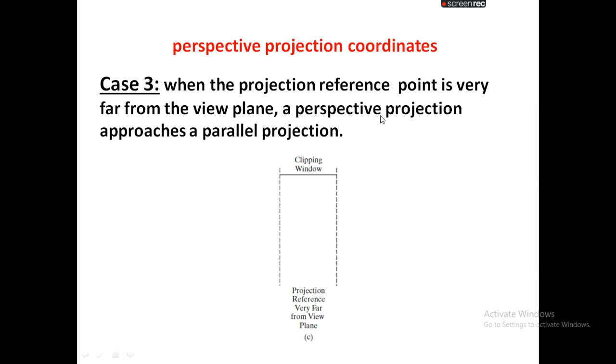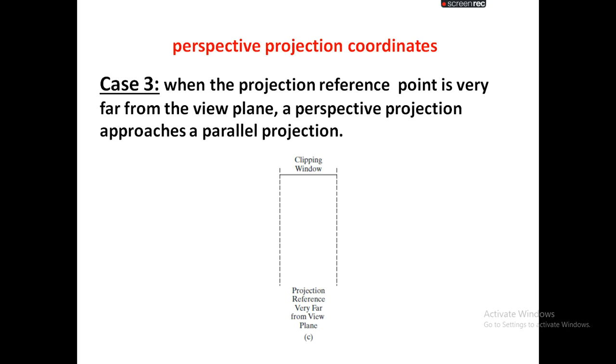Means in case of perspective projection, our projection lines have to converge at a certain point, which is called the converging point. But here there is no concept of a converging point, because we kept the view plane far away from the projection reference point, so the object will become invisible.